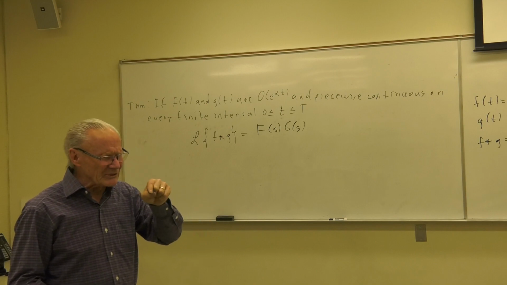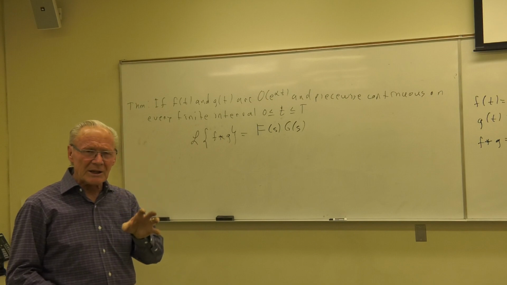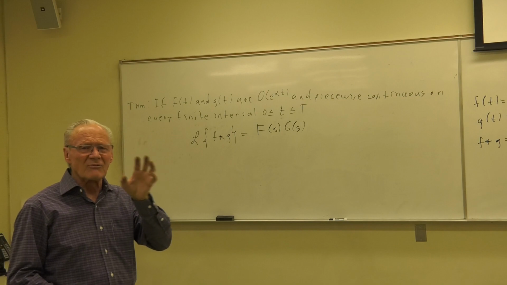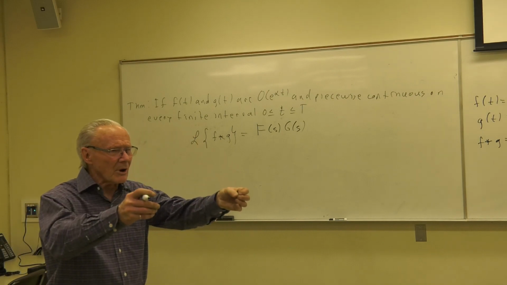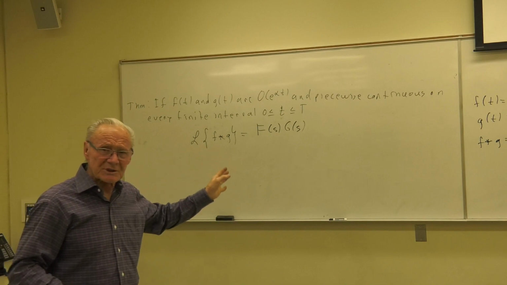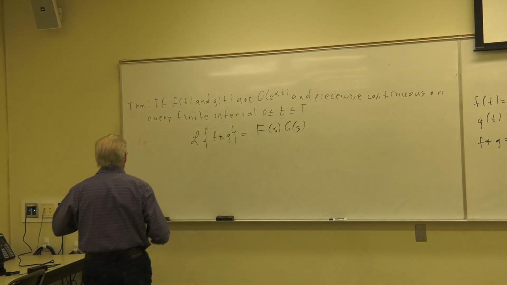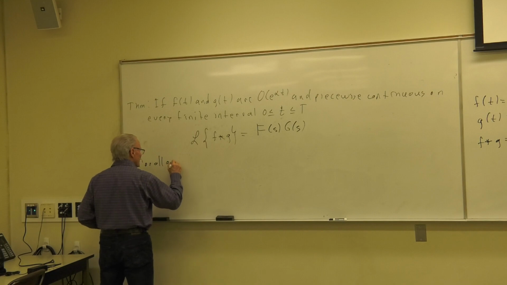This is the only example where I've ever seen anybody taking the Laplace transform of a convolution. In the process of solving that problem, out comes an integral, and it can be interpreted as a convolution, and then we can use this theorem. I'm interested in the reverse. The reverse is the important one.